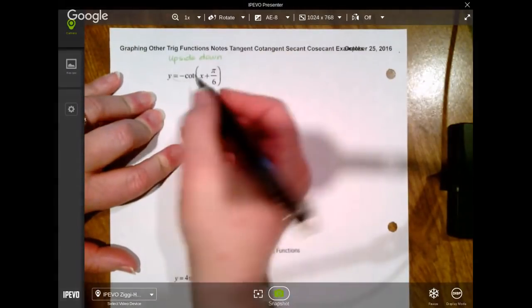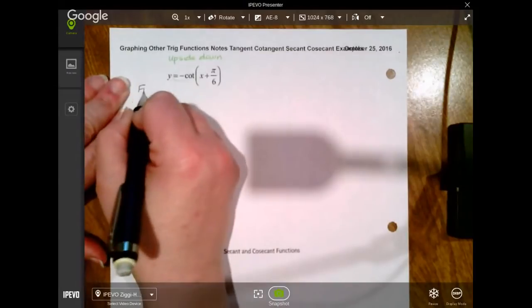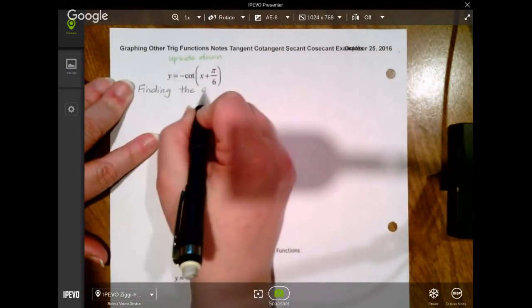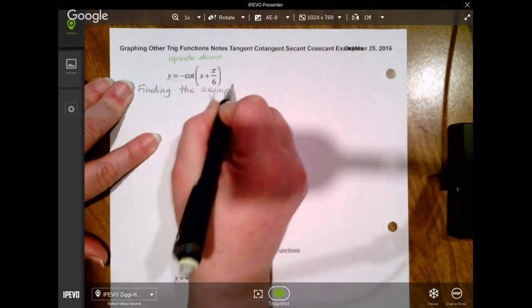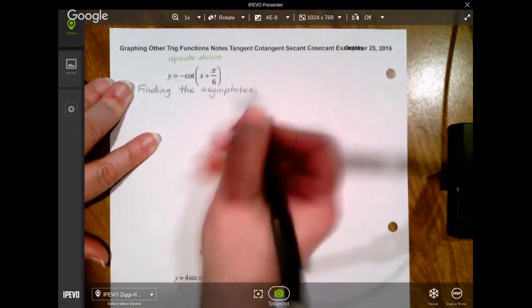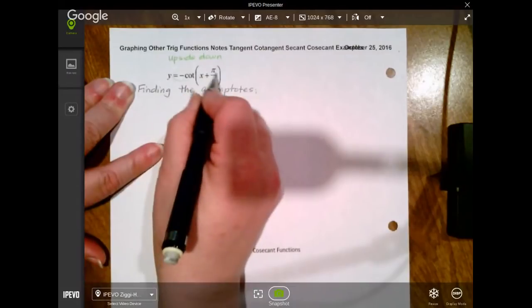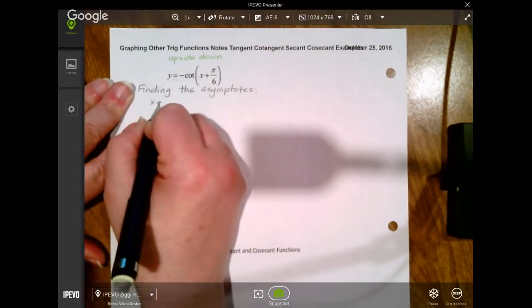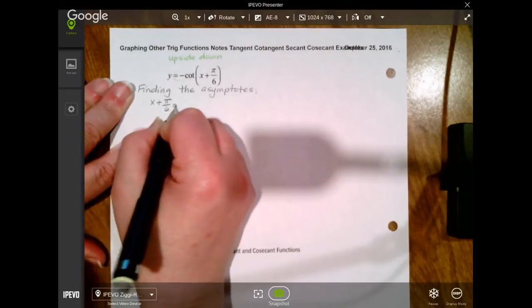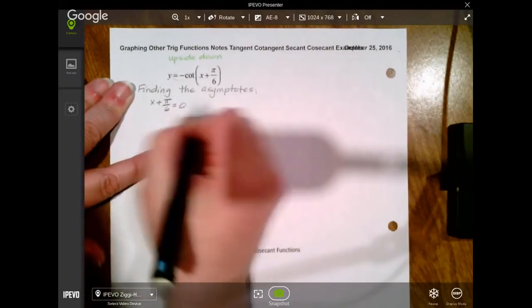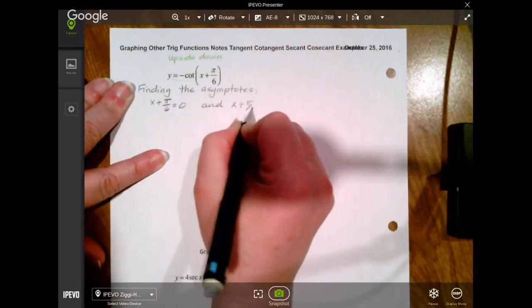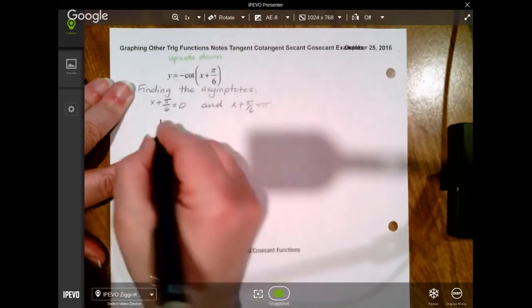So let's graph that. First, finding the asymptotes. We set the angle argument, which is x plus pi over 6, equal to where the cotangent is undefined, and that's 0, and x plus pi over 6 equals pi. Now let's solve these for x.